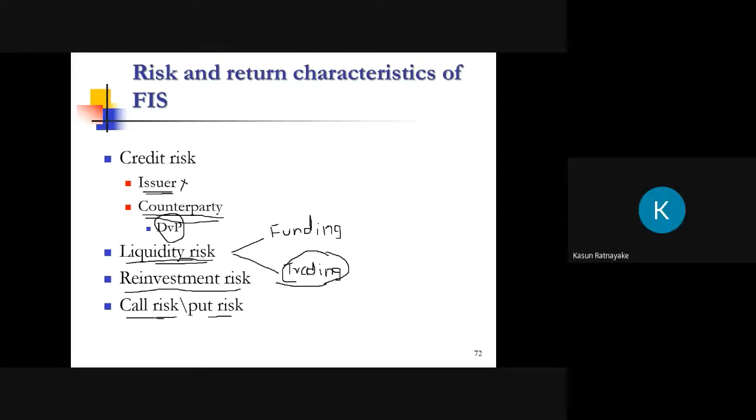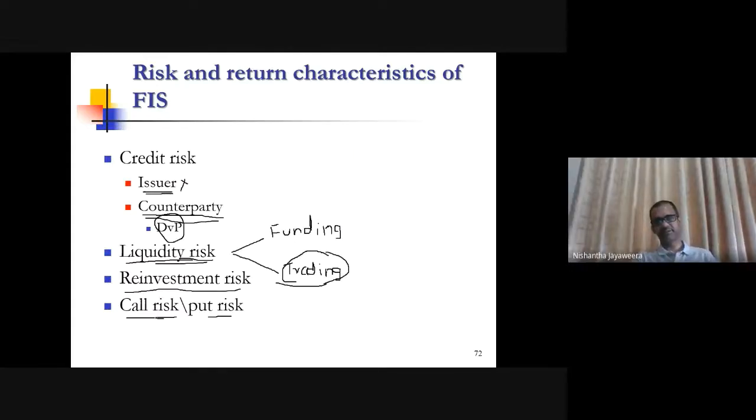If that issuer doesn't have any opportunities to use that excess liquidity, that might happen. But basically he can invest it somewhere. If he can invest at a higher rate, he won't pay back his obligation.